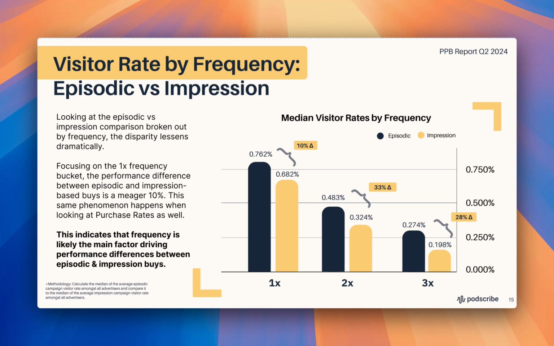So again, continuing to sing the rallying cry around frequency being a very important thing in determining the performance of your campaigns, this insight is very strong: we can achieve very similar performance between impression and episodic when holding frequency. Pete, you got more there?